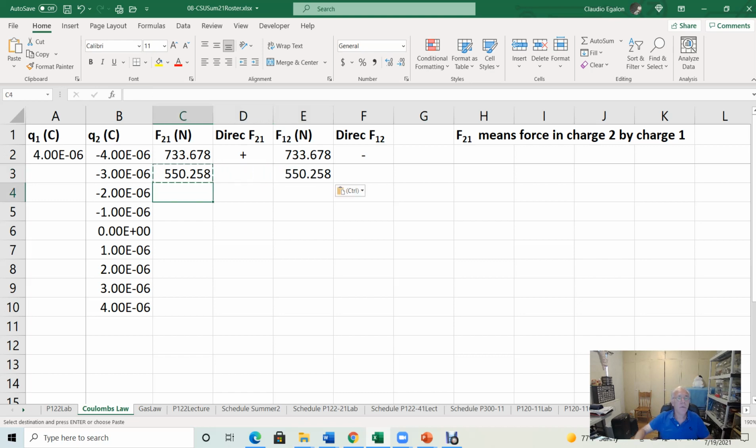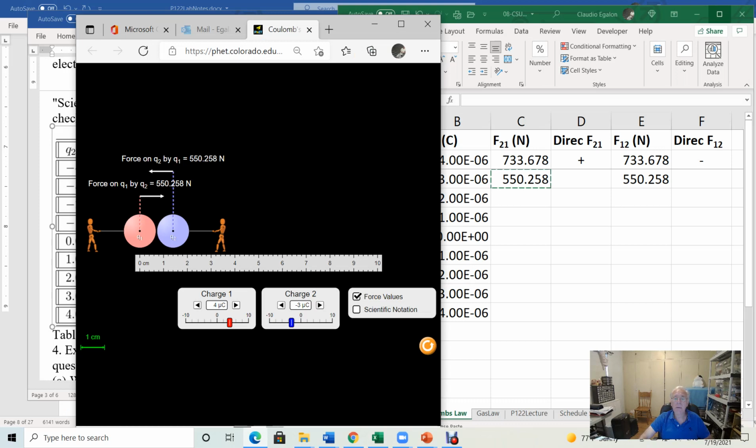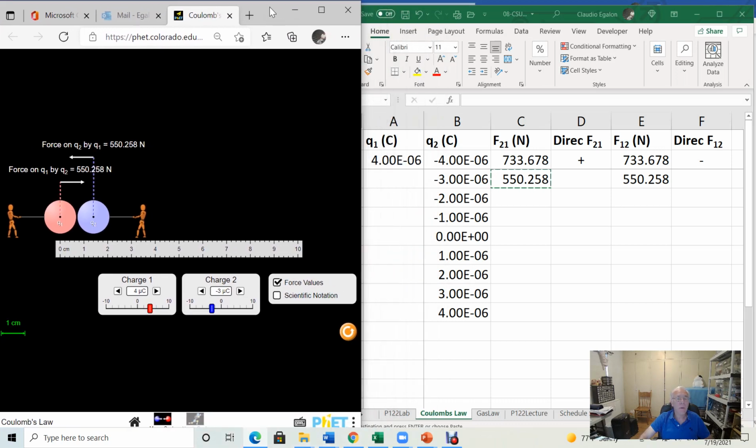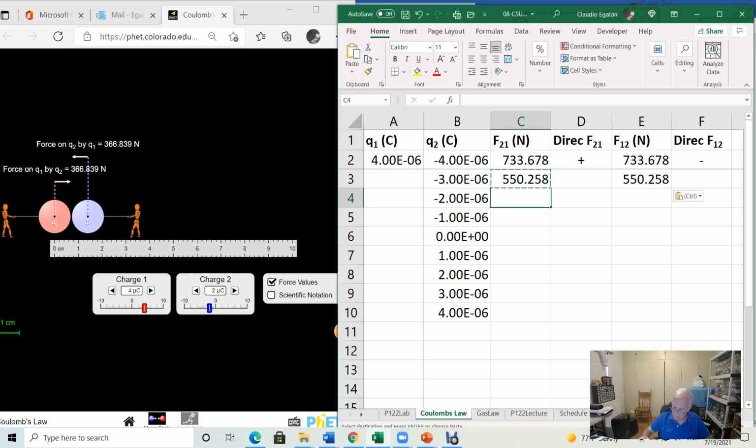Okay, let's go to the next one, 2. Simulation, I'm going to put here side by side. We're going to go this way, okay, minus 2. 366,839.